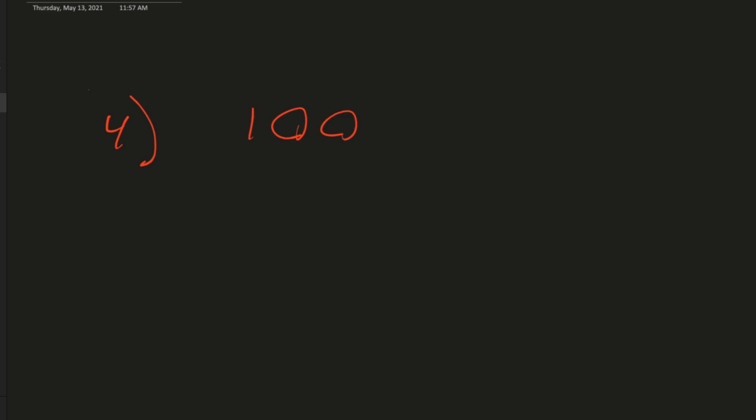If you have 100 and you subtract, let's just say, 91, right? You can't borrow from here, you can't borrow from here. So what you have to do is borrow from here, and this becomes 10. Then you borrow from here, which makes it a 9.